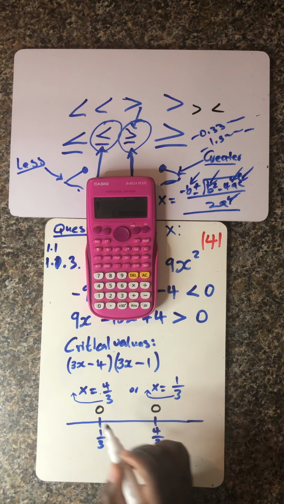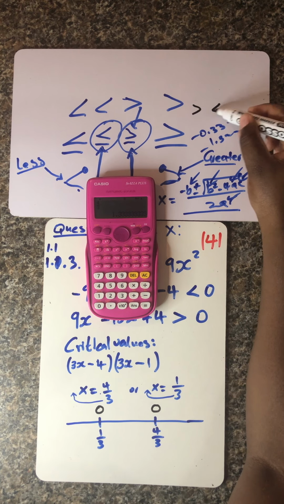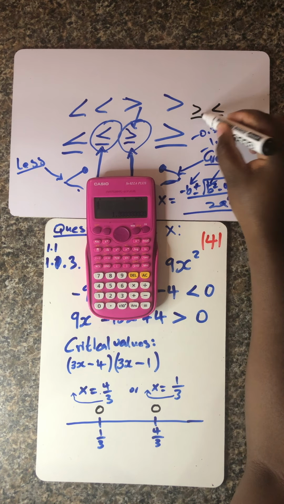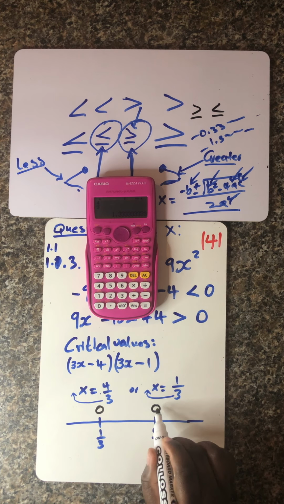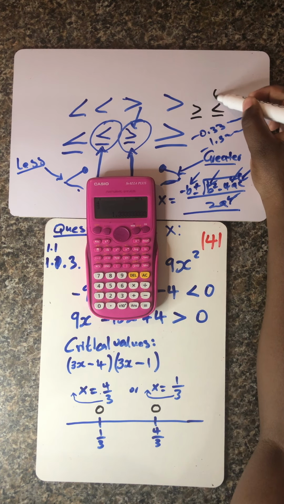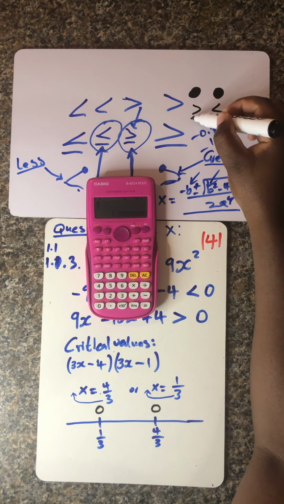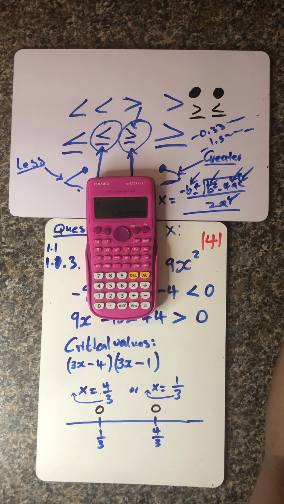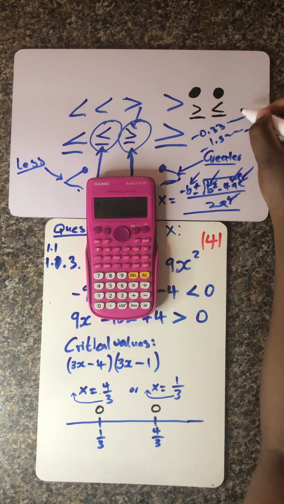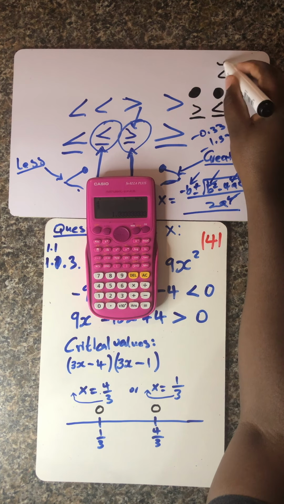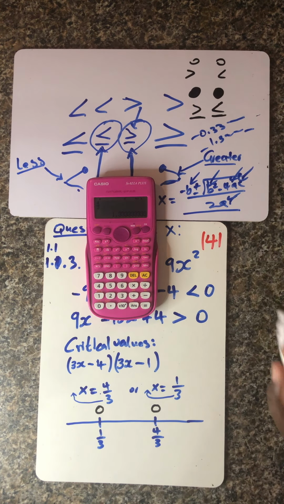How is it different when it's less than or equal to, or greater than or equal to? Then you shade these circles. You're going to have a circle, then you shade it. That's if it has the equal to. But if it's just less than or greater than, then it's just a circle. Very, very important, ladies and gentlemen.